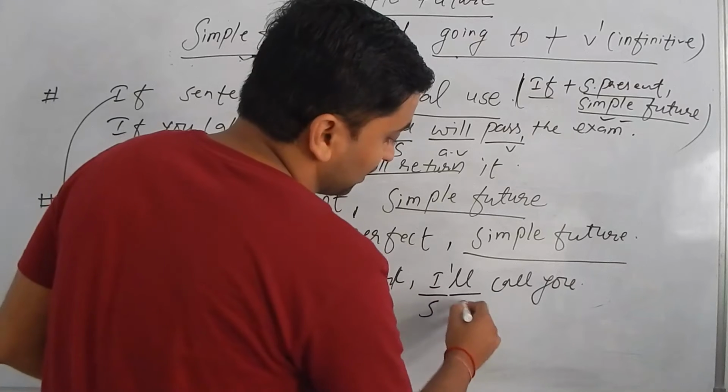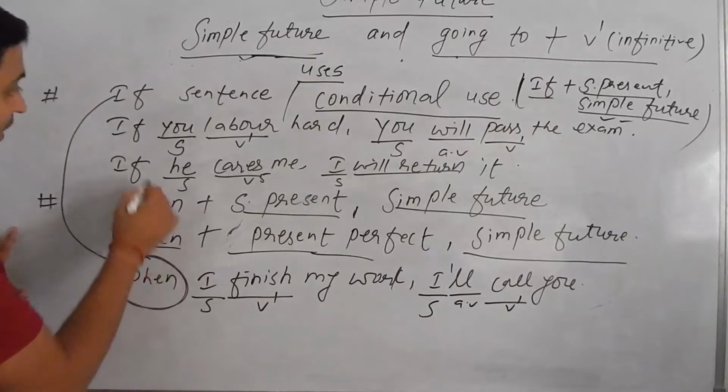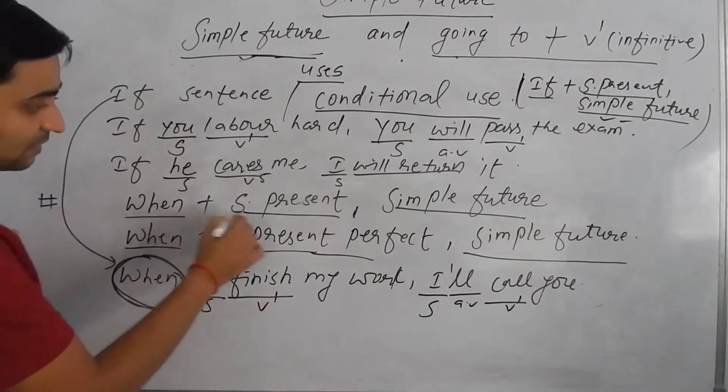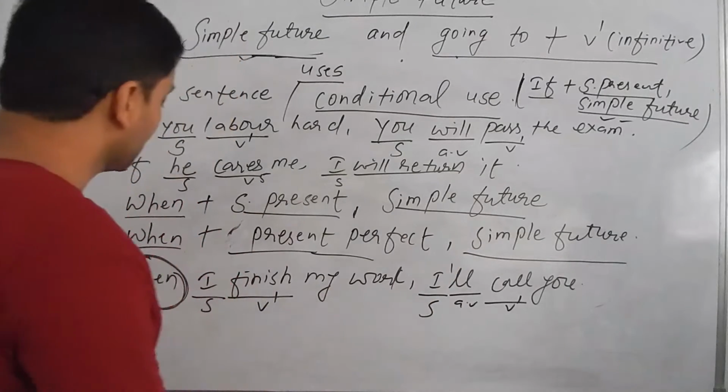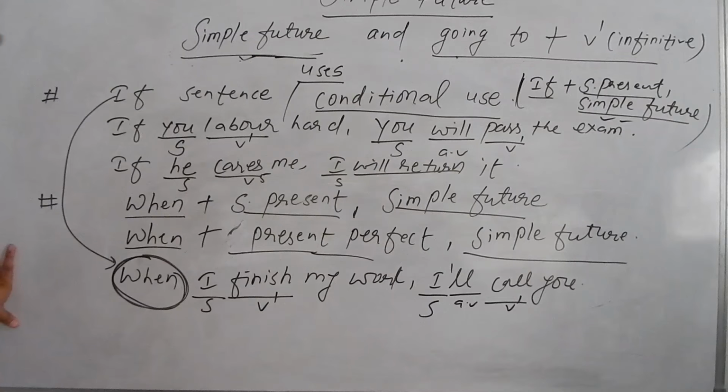Subject plus will plus V1 is used. So I mean to say, instead of if, when is used here. According to this structure, simple present, simple future. Similarly, another is: when plus present perfect and simple future.